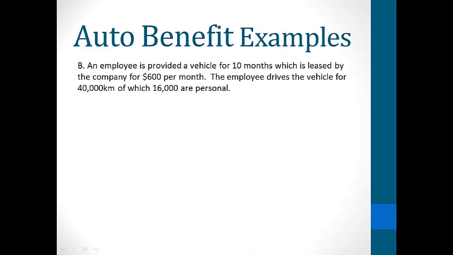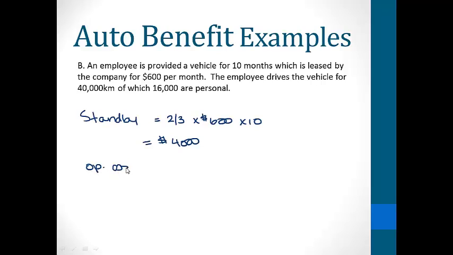We'll do another example. So here's an example where an employee's provided a vehicle for 10 months and it's being leased. So now my standby is going to be 2/3 times the monthly lease cost of $600 times 10 months. And I get $4,000.